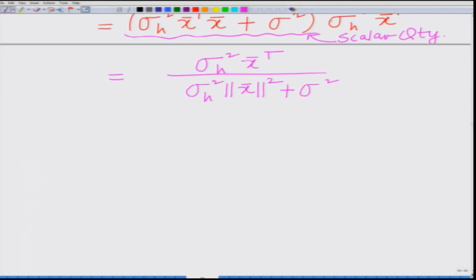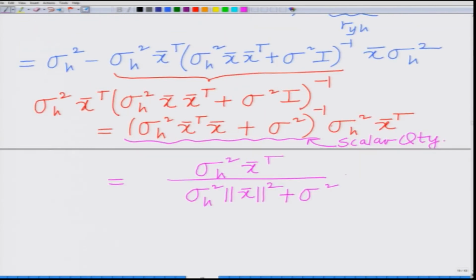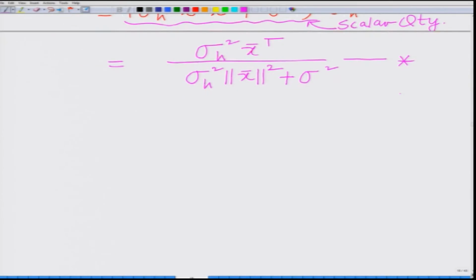Let us call this quantity star. Now, we will simplify the MMSE by substituting the simplification for this quantity star derived above.